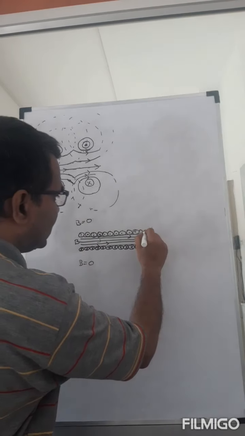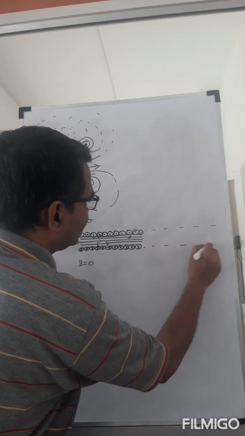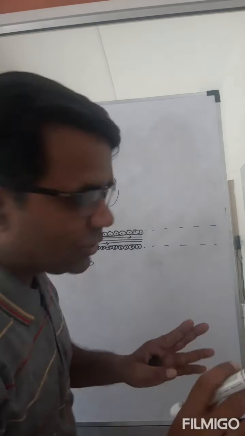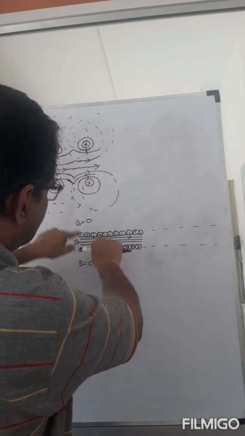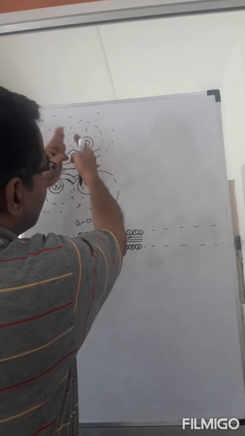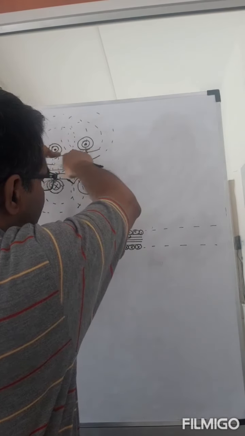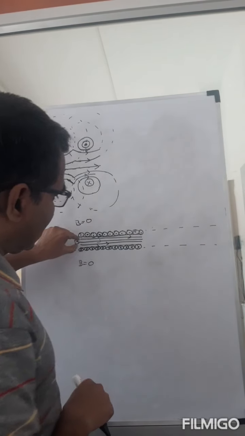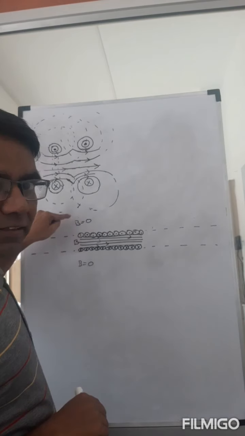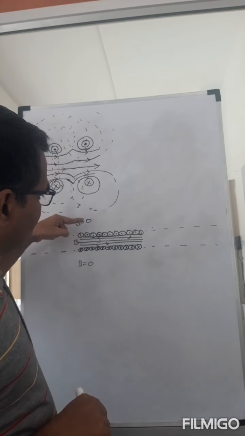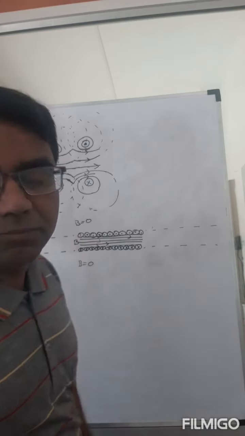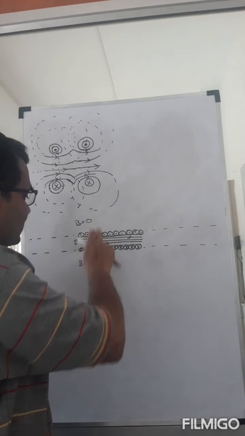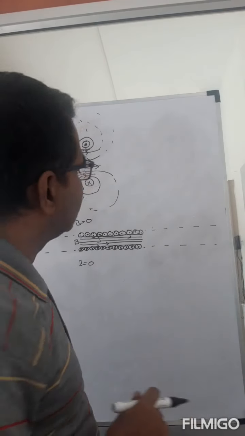But you need an infinitely long solenoid for this to happen. When you have an infinitely long solenoid, then the lines inside will come closer and closer, so they become pretty straight. Then you will have a constant value here, but outside the field will be 0 on both sides of it. Okay, both here and here, the field value is 0.